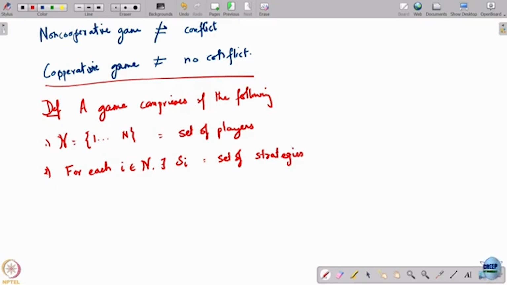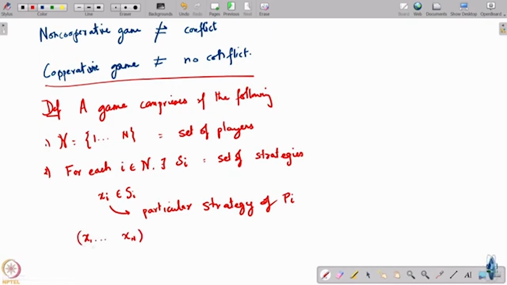So, for each player i, you have a set of strategies. So, if I take say xi in Si, this is a particular strategy of player i.